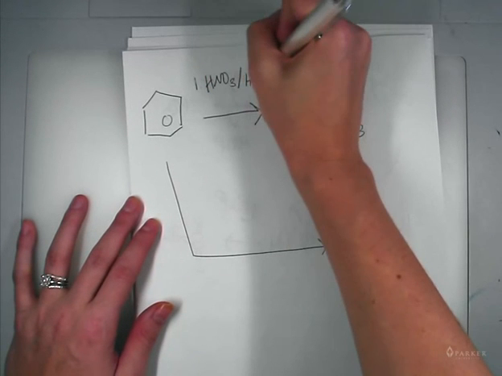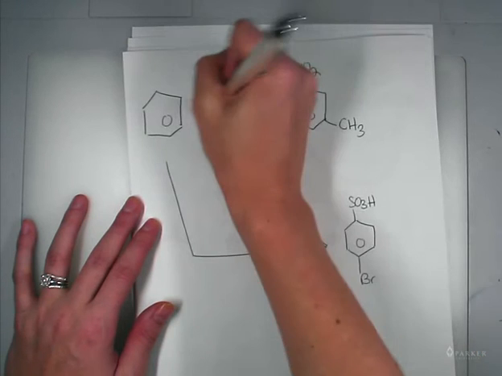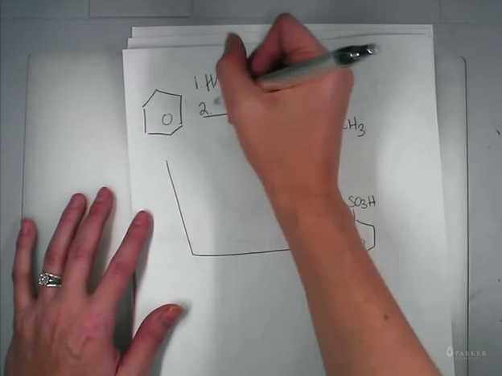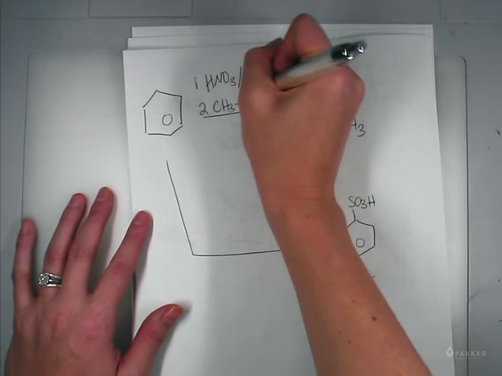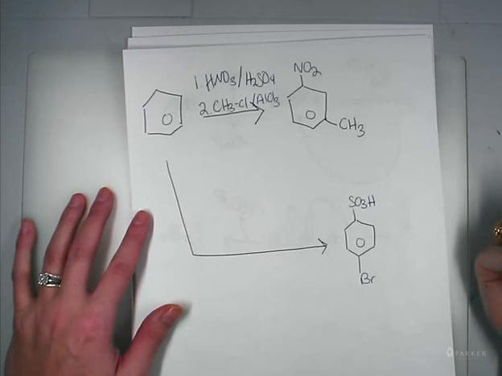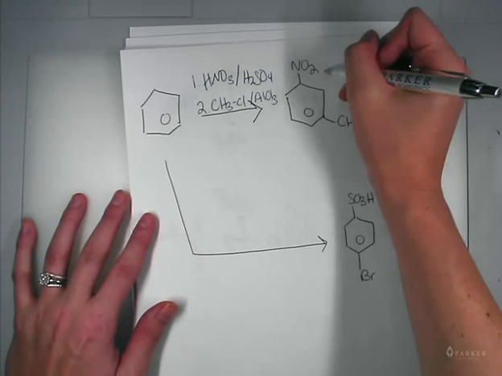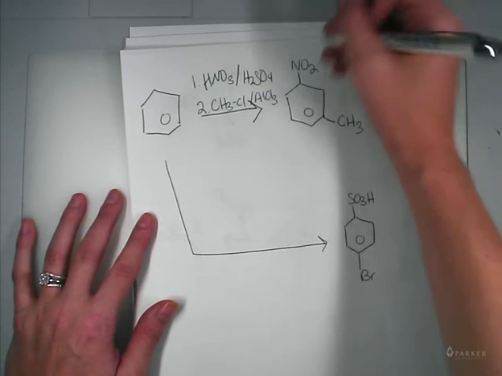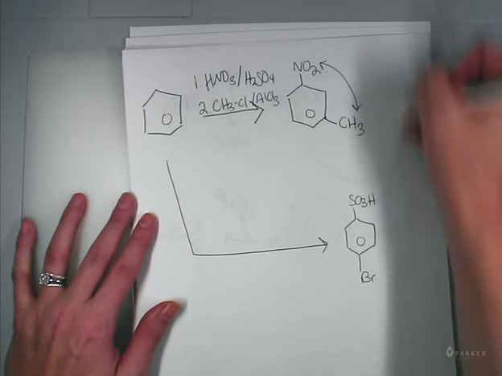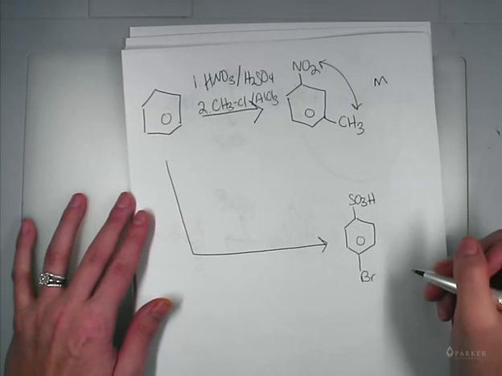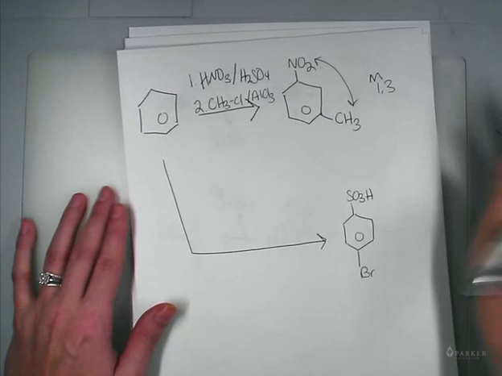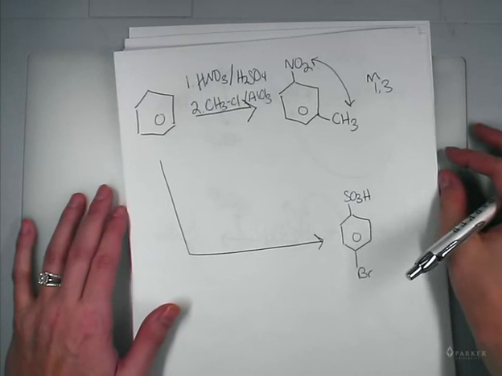HNO3, H2SO4. And then how do I put methyl on there? CH3Cl with AlCl3. And the reason I knew to put it in that order and not the reverse is because the difference between the two, how far apart they are, is meta. 1, 3. So I had to put meta director on there first.